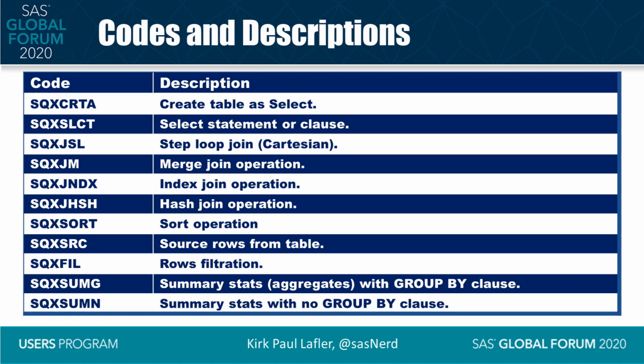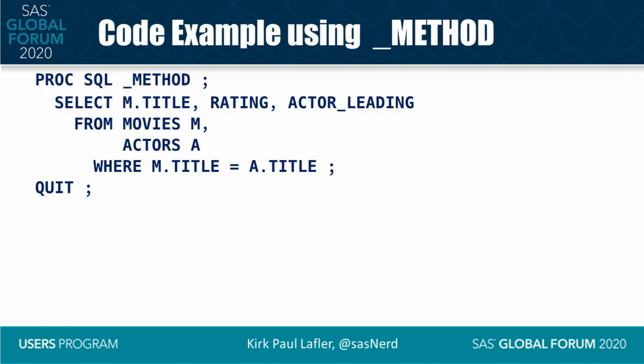These are all codes that could appear on your log. So if you'd like to see what your query's doing, how it's performing, what type of resources it's using, specify _METHOD on the PROC SQL statement, and then whatever query that you have. In our example here, we are specifying an intersect or an inner join construct.